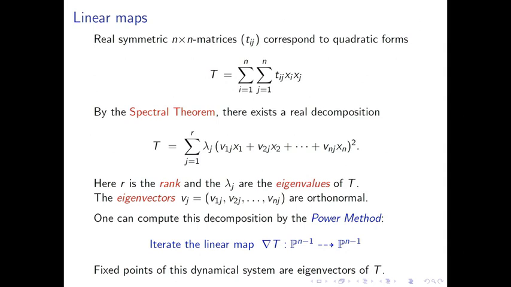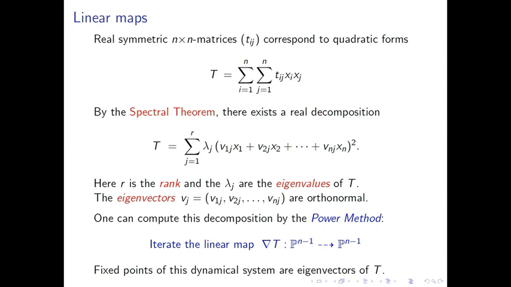So a real symmetric n by n matrix has n plus 1 choose 2 entries, and these are the coefficients of a quadratic form. Now with the real numbers, we have the spectral theorem, which says that our quadratic form can be decomposed, if it has rank r, as a sum of r squares of linear forms. This is our low rank decomposition.